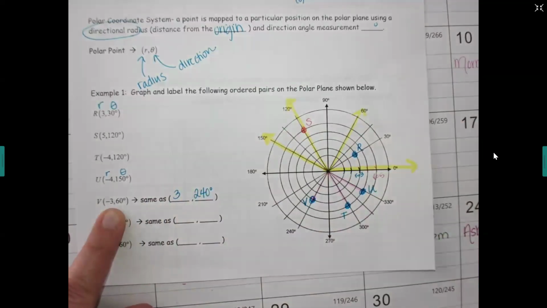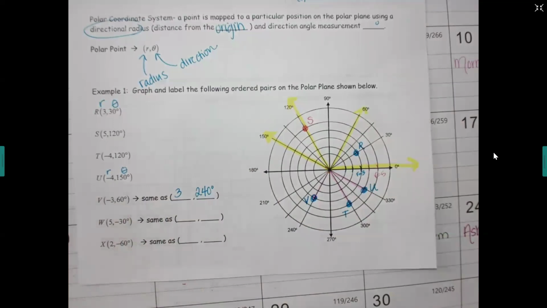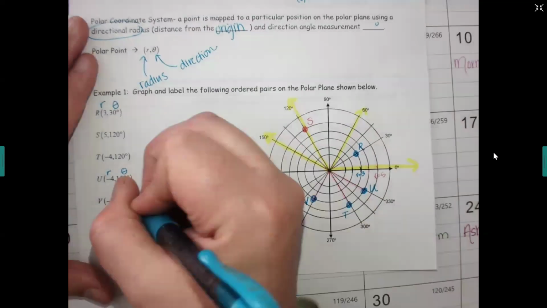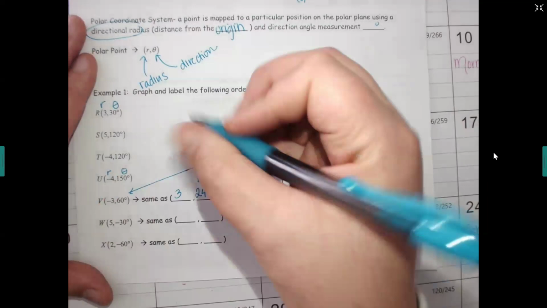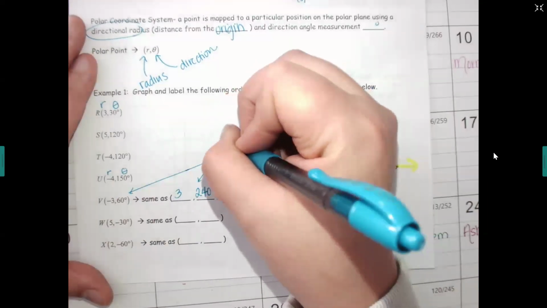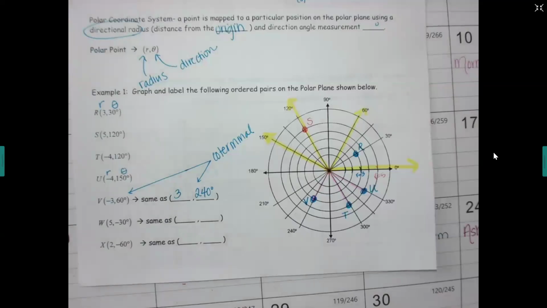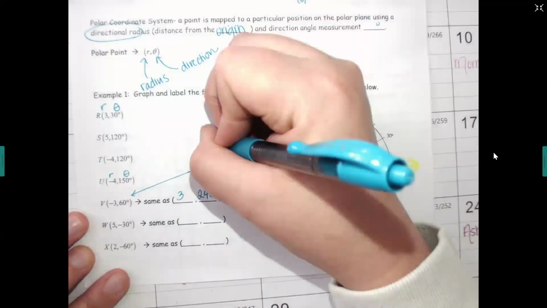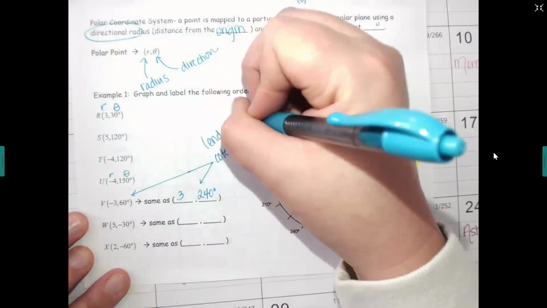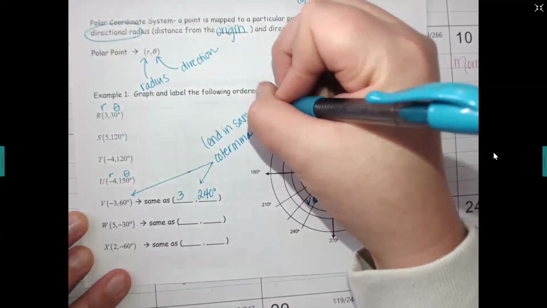What you'll notice is that because we're using a circular map, you can still end up with angles and radiuses that put you in the same spot. Remember, that's called coterminal, where you end in the exact same spot. End in same position.